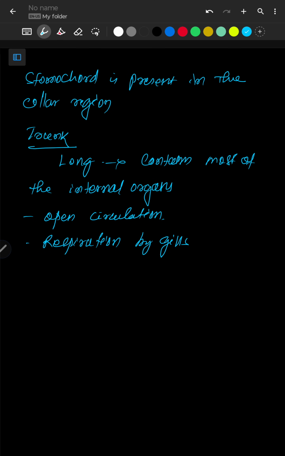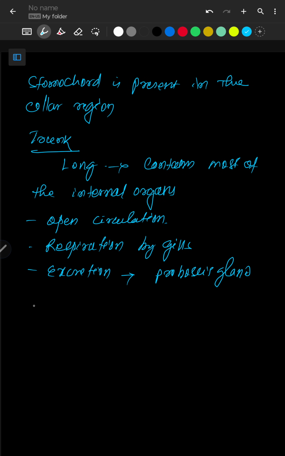Now, excretion by proboscis gland. And now next is reproduction. Sexes are separate, means dioecious. Now fertilization is external.